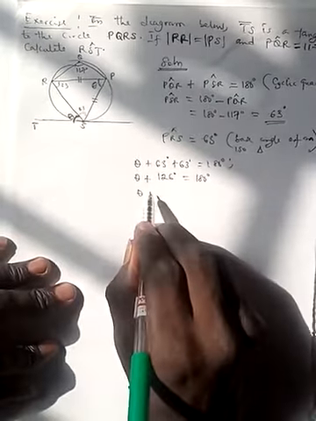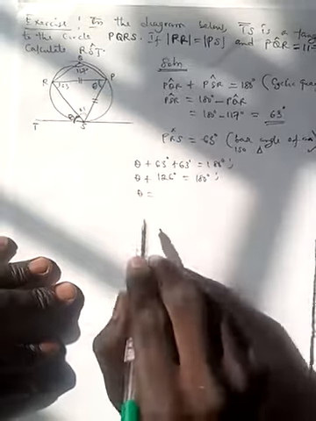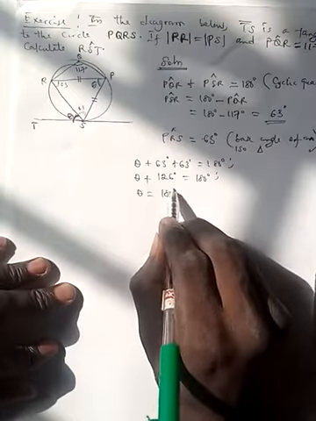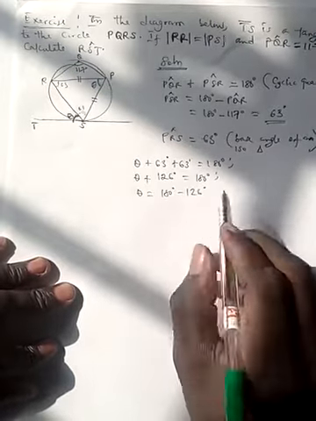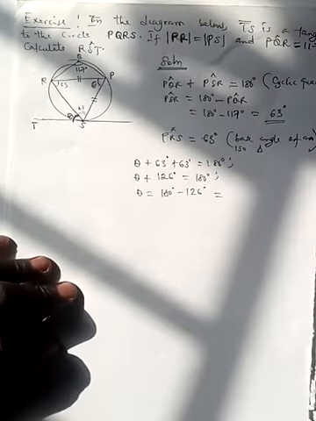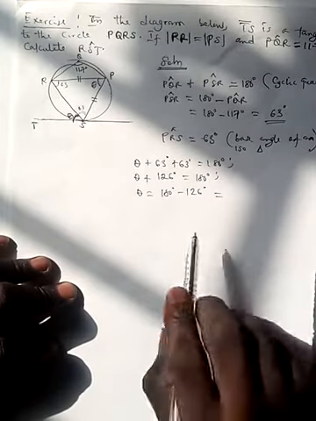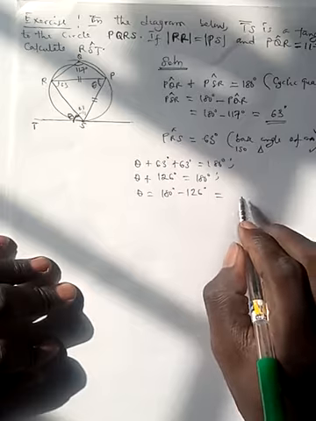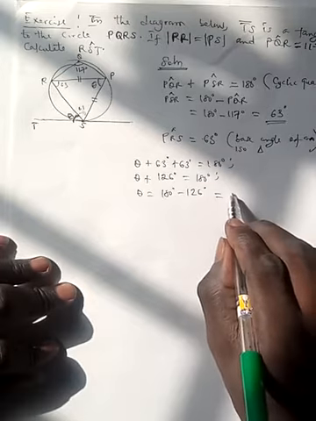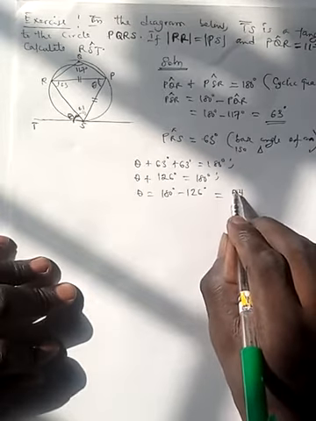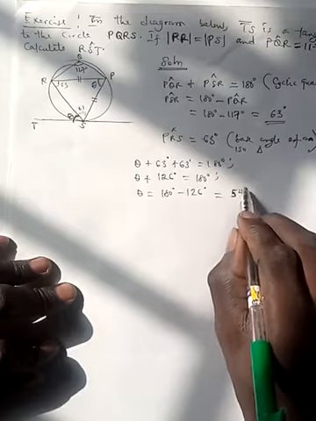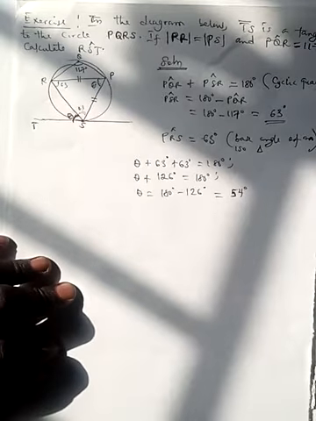So theta must be equal to 180 degrees minus 126 degrees. That should be 54 degrees.